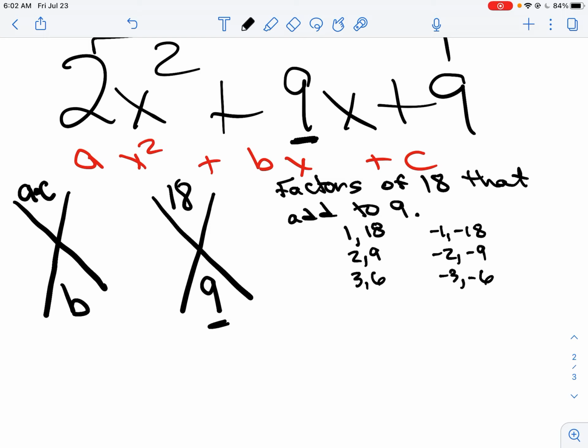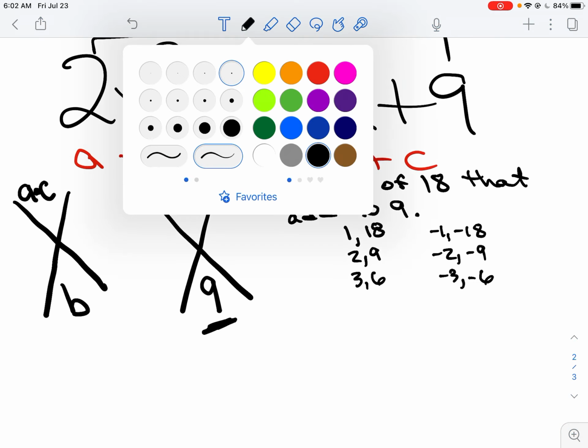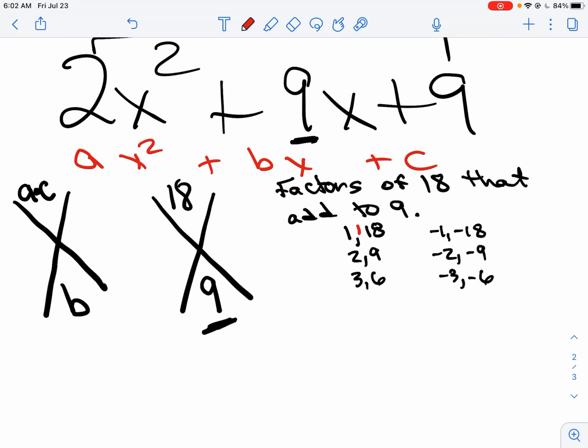Now, we need to figure out when you add them together. I'm going to change the color here. If I add these together, which one comes out to 9? So 1 plus 18, that would get 19. 2 plus 9 would get you 11. 3 plus 6, oh, that would get me 9.